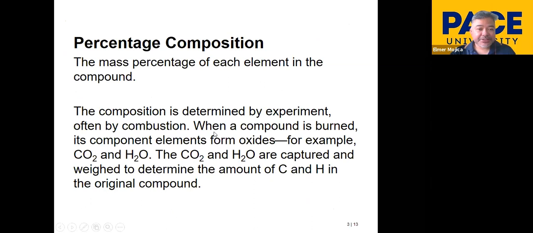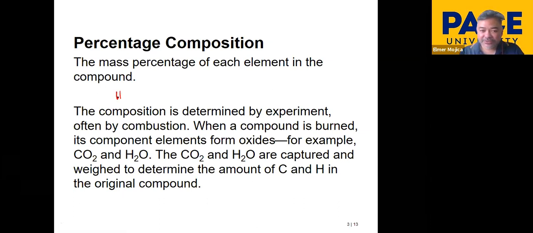During the earlier times, whenever they wanted to analyze hydrocarbons, they burned them: hydrocarbons reacting with oxygen to produce CO2 and H2O. They determine the CO2 and H2O that are produced, and weigh them to determine the amount of carbon and hydrogen in the original compound.